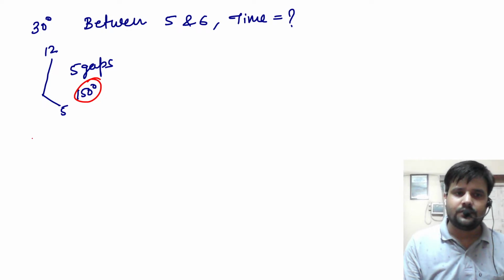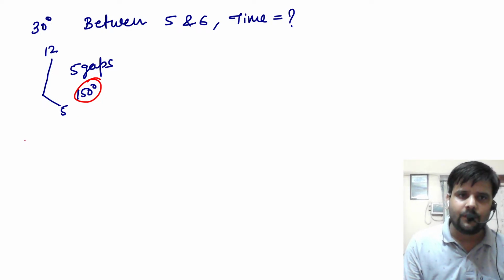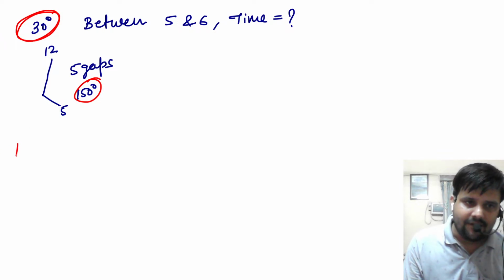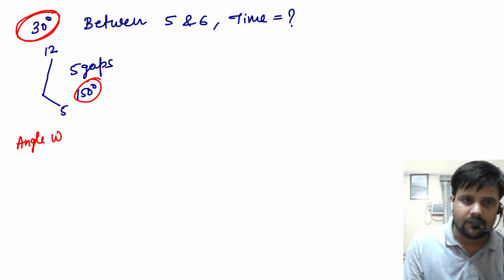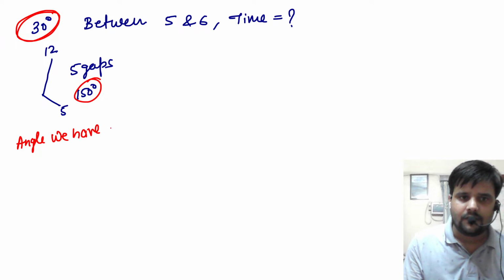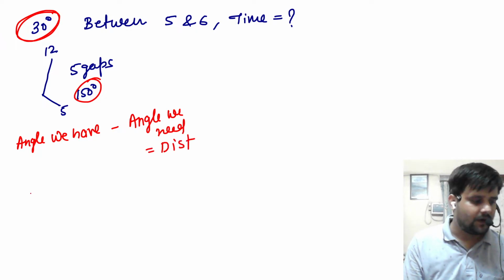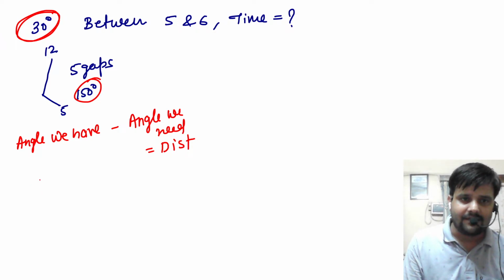Isn't it? So now first of all we need 30 degree. So the angle we have, I am writing here explicitly, minus the angle we need, that will become the distance for the first angle. So the angle we have is 150 degree, the angle we need is 30 degree.